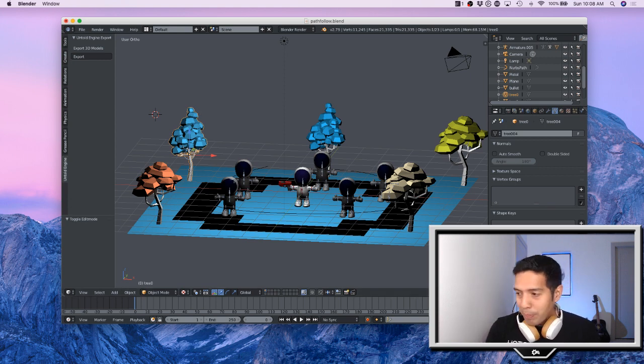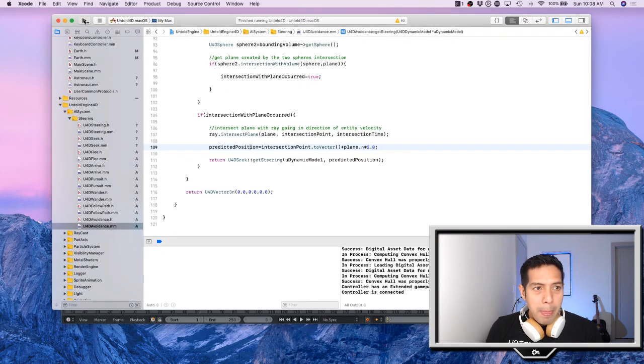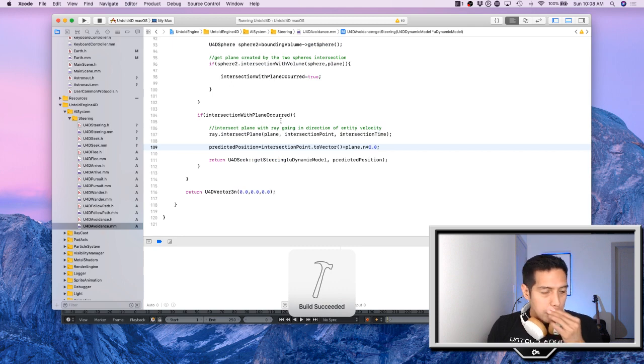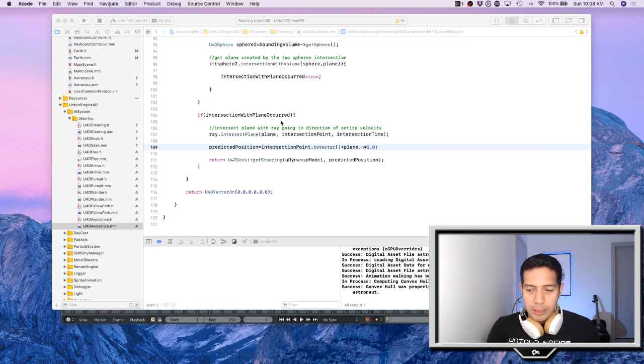All right. So let me bring up the engine here, and I'm going to run it. All right, so it's loading the characters, the astronaut, and everything.